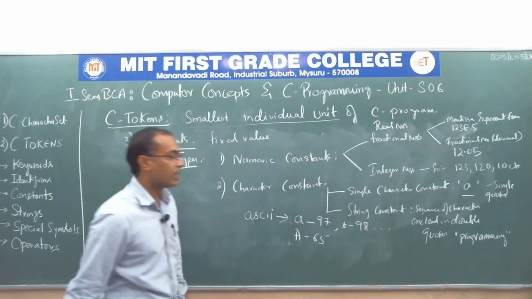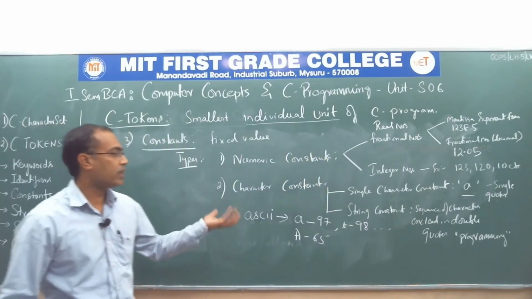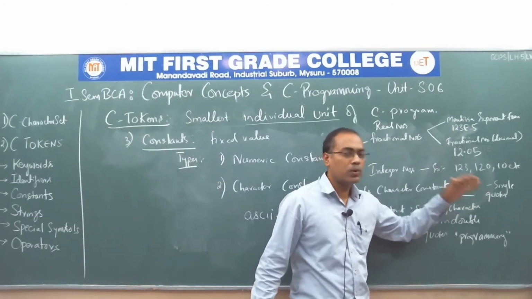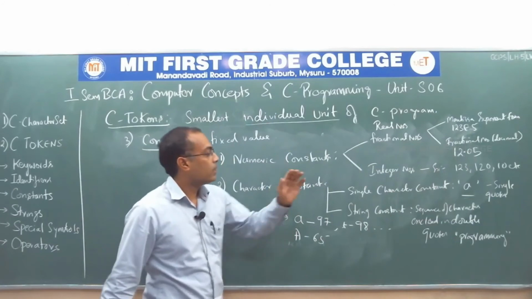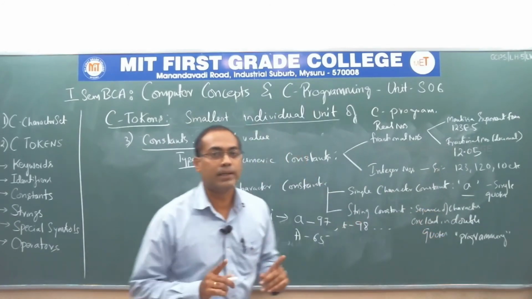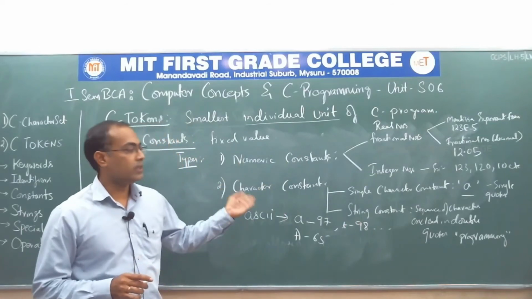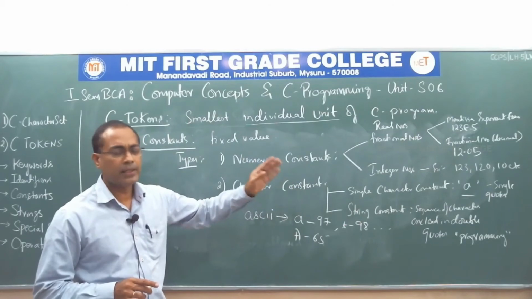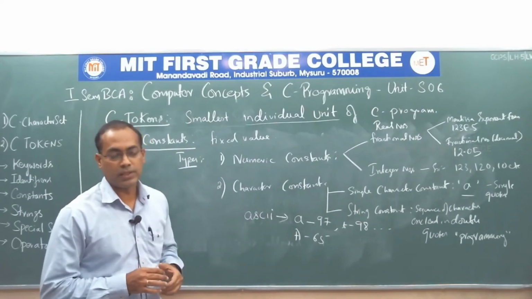Like that, each character has a specific code. This single character will be converted into an ASCII code, whereas a string constant will not be. So this is the difference between the single character constant and the string constant.